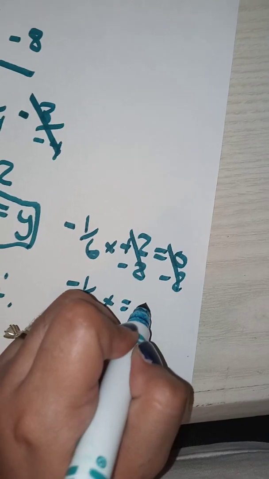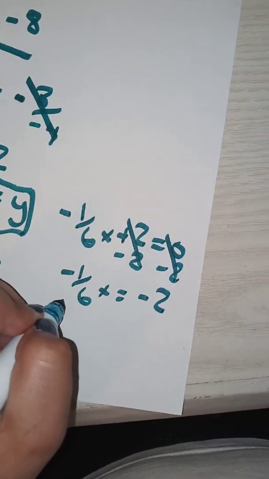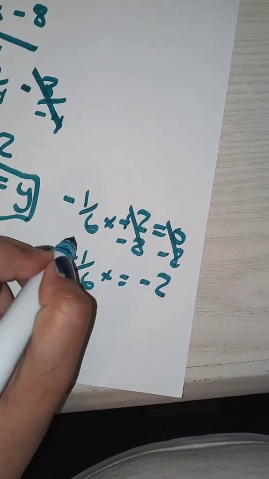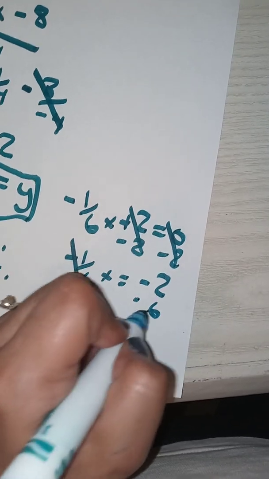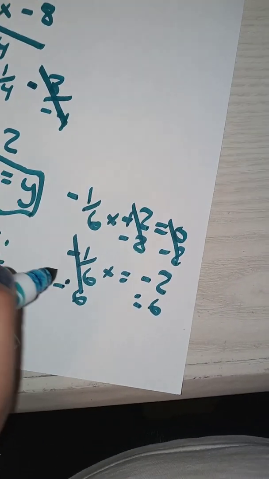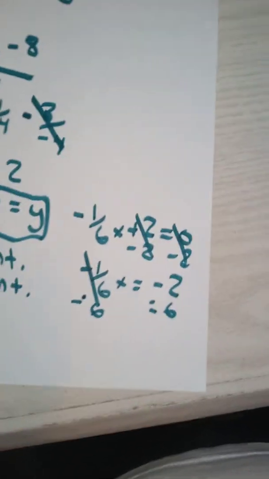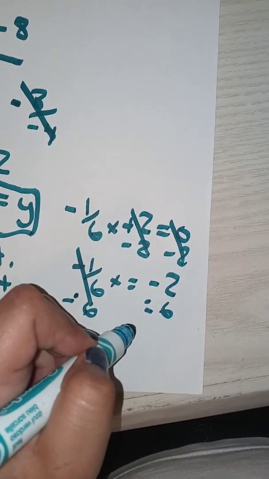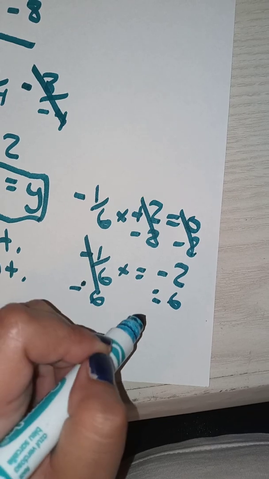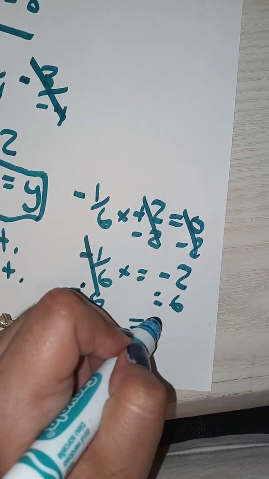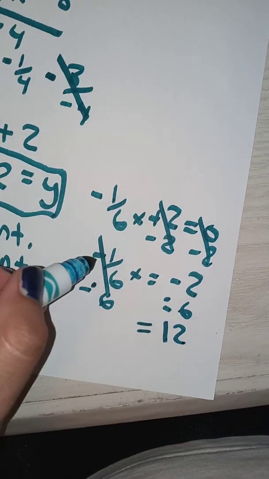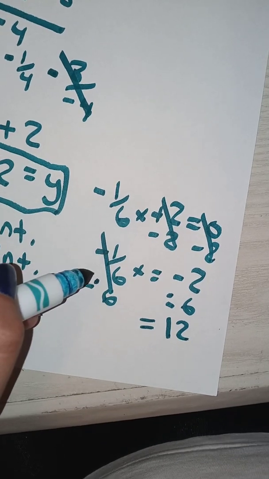negative 1/6 x is equal to negative 2, times 6, times negative 6, my bad. And we get negative 12. Oh no, we get positive 12, my bad, because this was a negative 6 since it's negative 1/6.